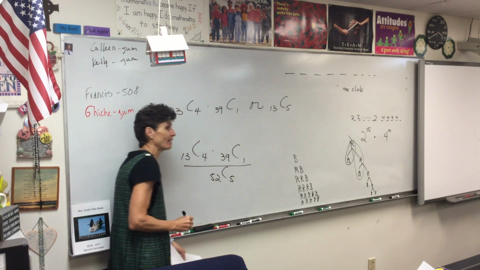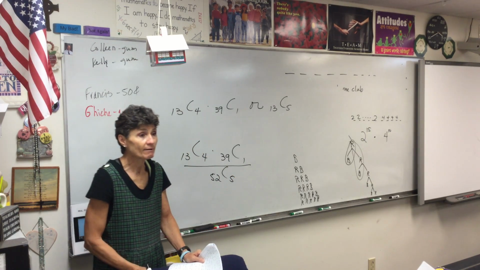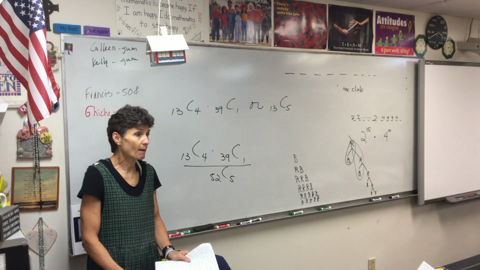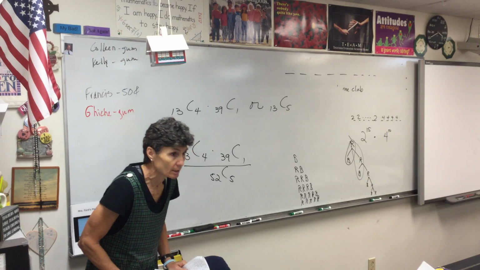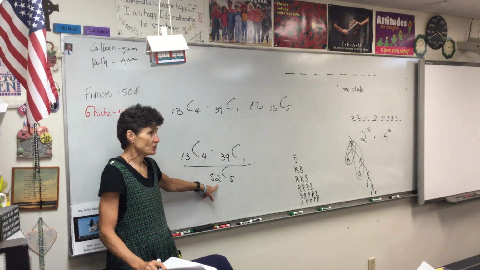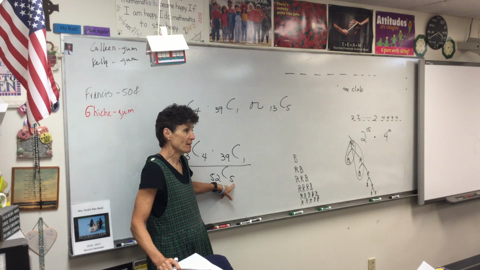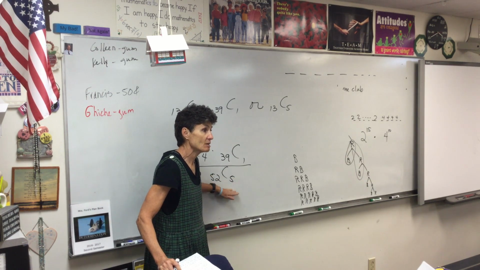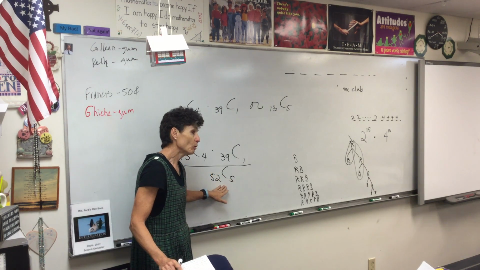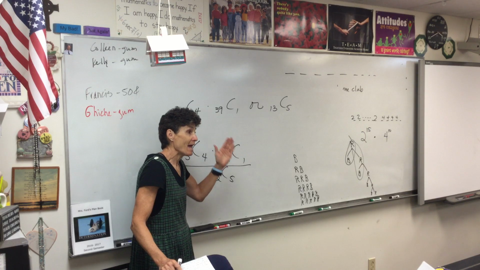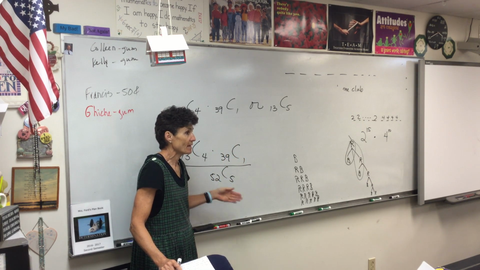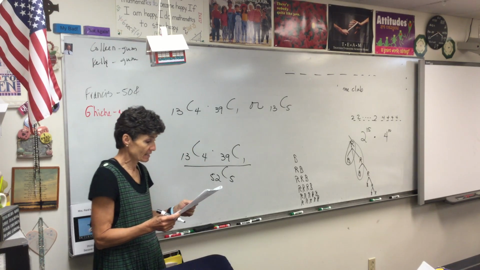And why are we dividing by 52C5? Because in a probability problem, the denominator is the total. How many total cards are in the deck? 52. How many total am I picking? 5. That's going to be your denominator. In fact, that will be the denominator for every 5-card hand probability problem, won't it? That's the denominator every time.